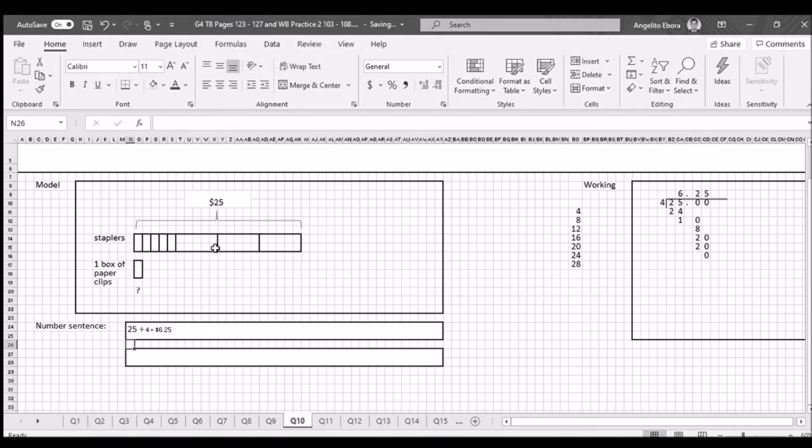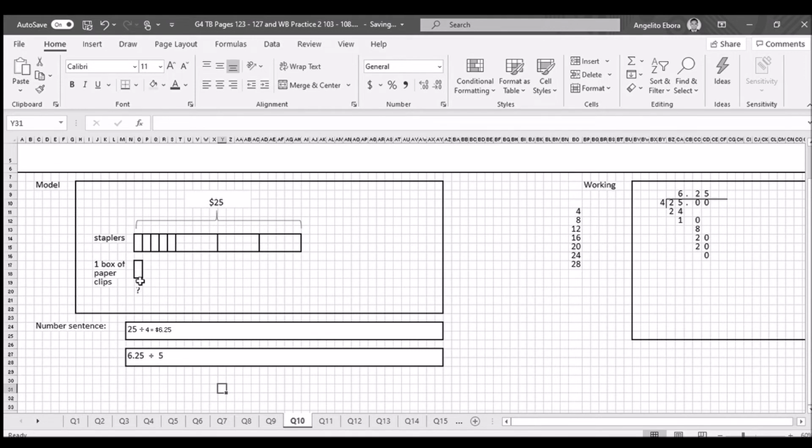$6.25 for each stapler. Now that we know the price of each stapler, we can divide this now by 1, 2, 3, 4, 5. So $6.25 divided by 5. Why do you need to divide it by 5?